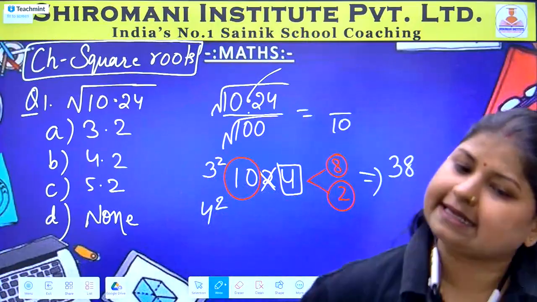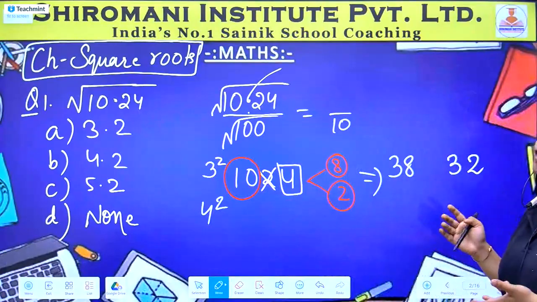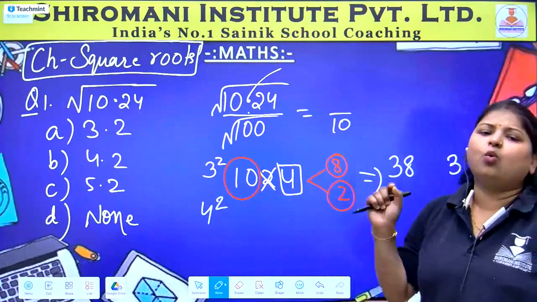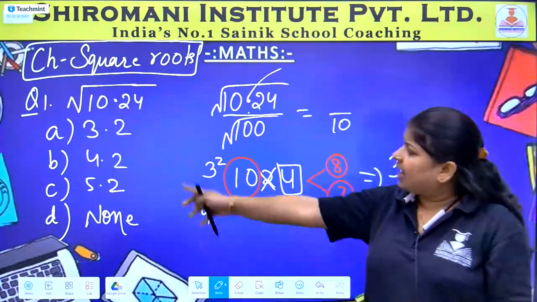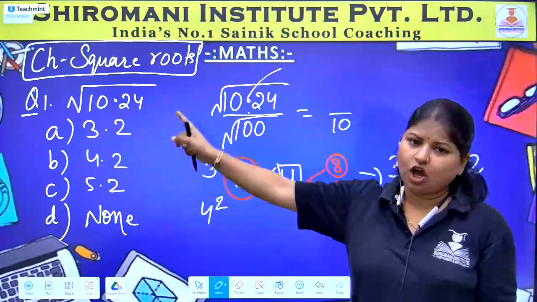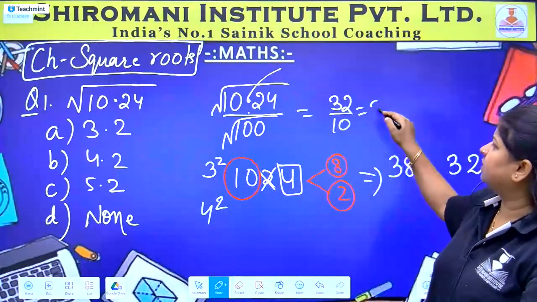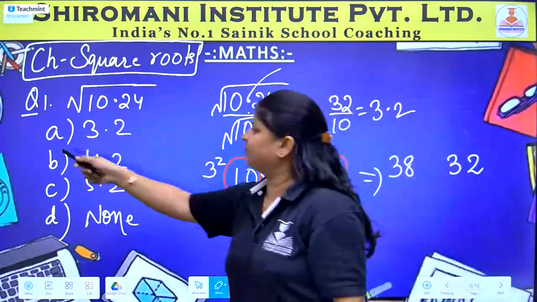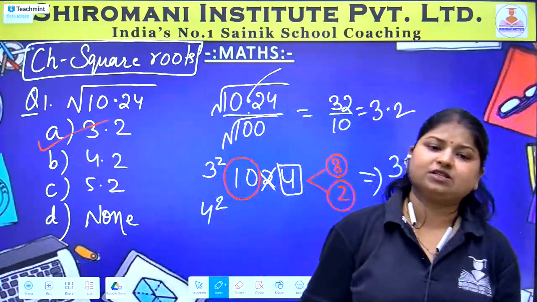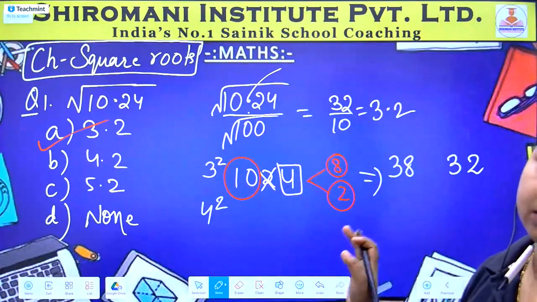So my answer is either 38 or 32. Why go for further calculation? I know that I have 32, 42, 52 in the options. So for sure, 32 would be my answer. 3.2. That is option A. Don't go for further calculation.